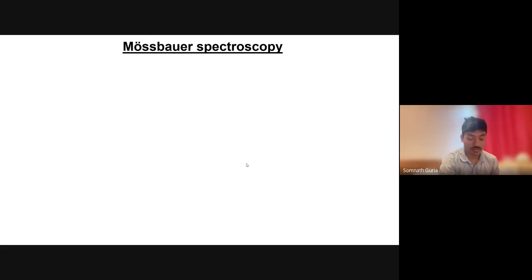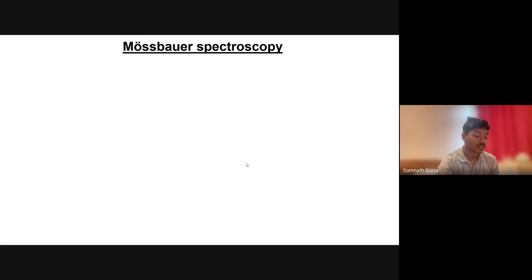Last Saturday we introduced Mossbauer spectroscopy, which works by absorbing gamma rays, so the nucleus has to change to a different nuclear state. We provide a huge amount of energy, and that energy is absorbed by the nucleus, which gets excited and gives us the spectrum with respect to absorbance.